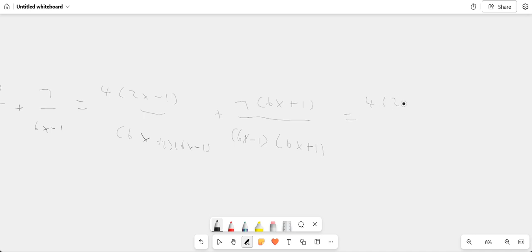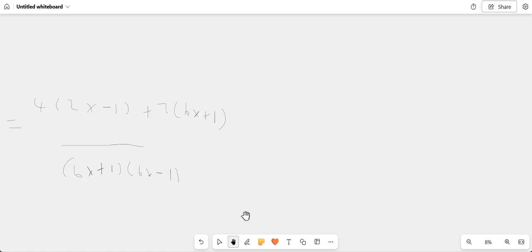So 4 open bracket 2x minus 1 plus 7 open bracket 6x plus 1, all of that over 6x plus 1, 6x minus 1. Because of that, I can combine the top as well. So 4 times 2x is 8x, 4 times minus 1 is minus 4, plus 7 times 6 is 42x, and 7 times 1 is plus 7.